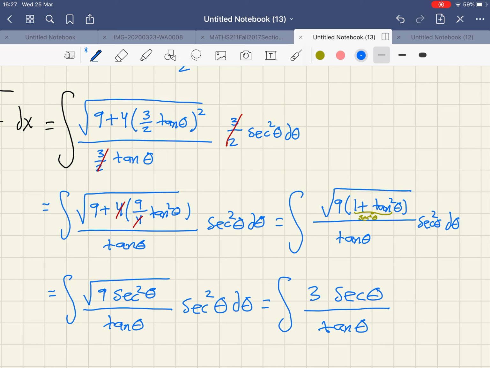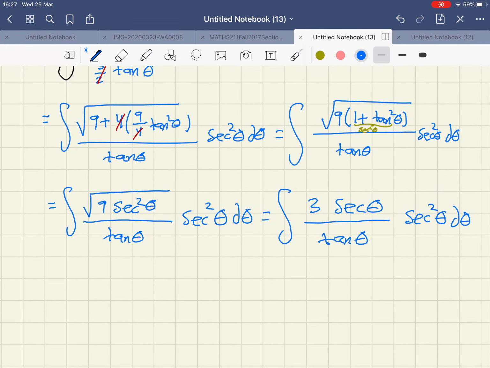And secant square is secant square theta d theta. I think now we can just simplify things. Take the 3 outside and take the secant together. So you get secant cube theta over tan theta d theta.